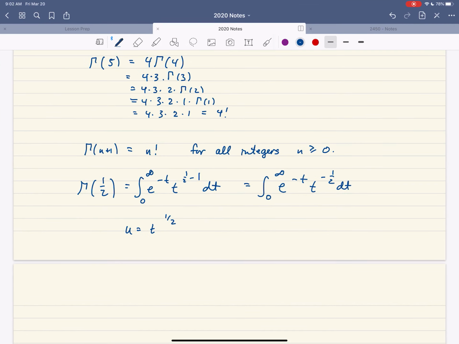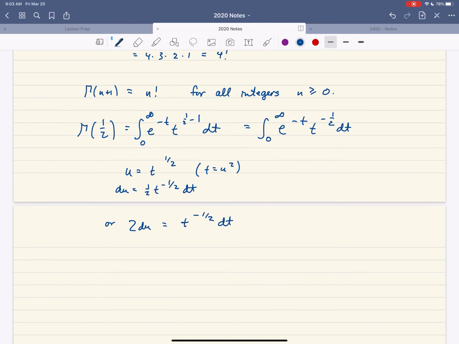In other words, t is u squared. There's a few different ways to do this, but that would mean that du is going to be 1/2 t to the negative 1/2 dt, or 2 du is equal to t to the negative 1/2 dt.